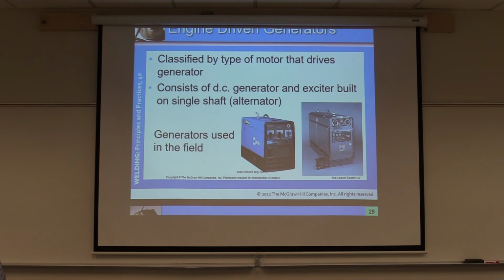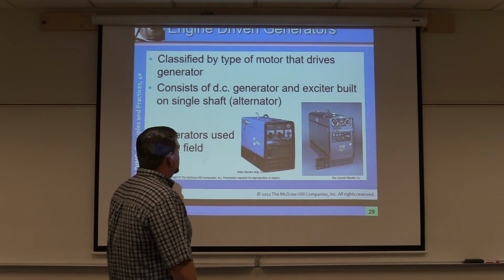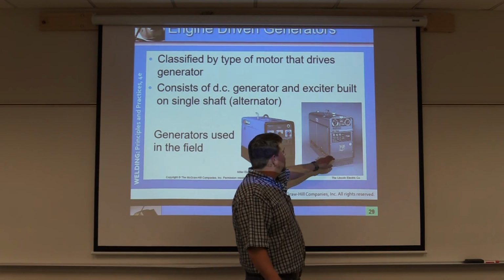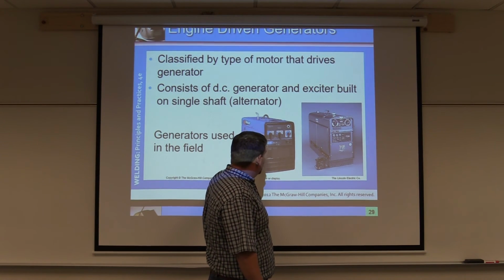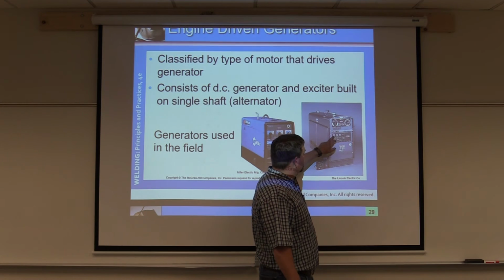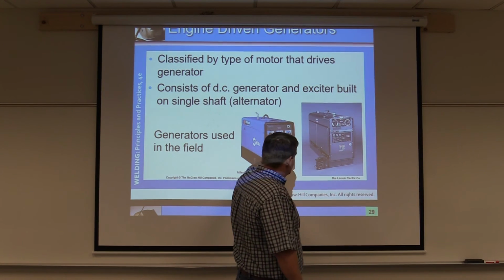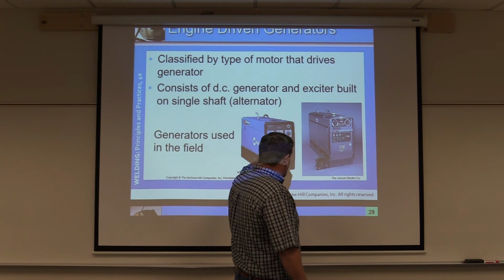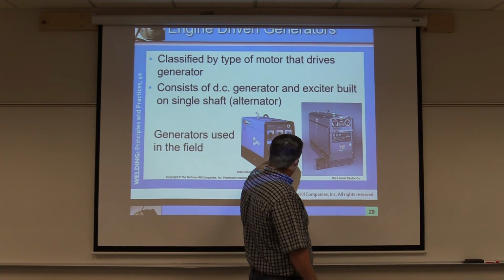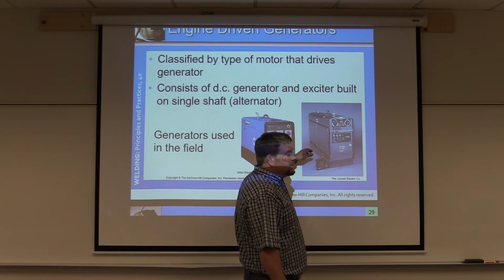They're classified by the type of motor that drives the generator, whether it be a diesel engine or a gas engine. Very similar to the Miller Trailblazers. This is the Lincoln series. You'll see both of them going up and down the road. They're both good pieces of equipment.